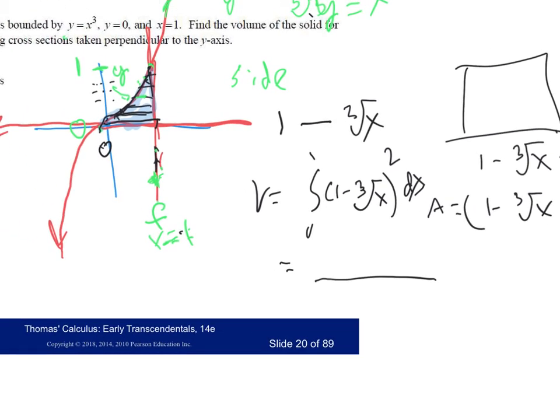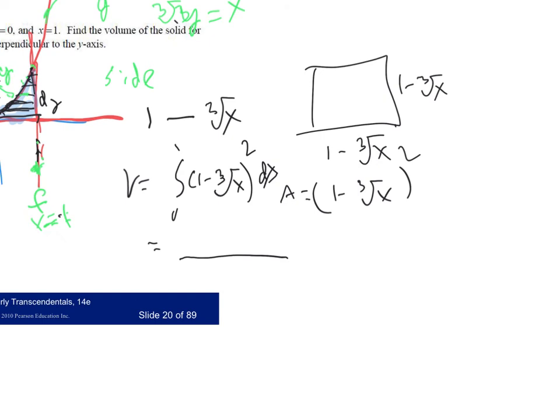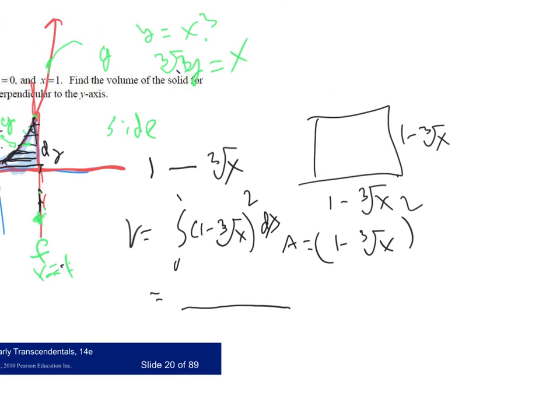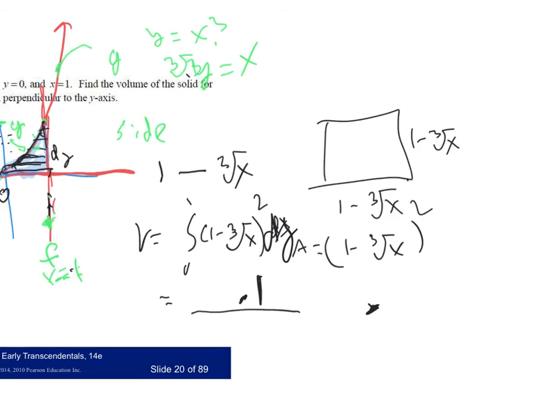The thicknesses are dy, so let me put dy here. Not that it changes what you're going to do. The answer is, drum roll, I think it's 0.1. Double check the calculator. Okay.